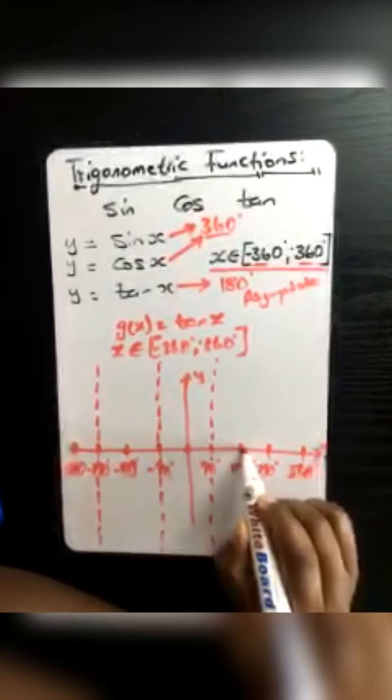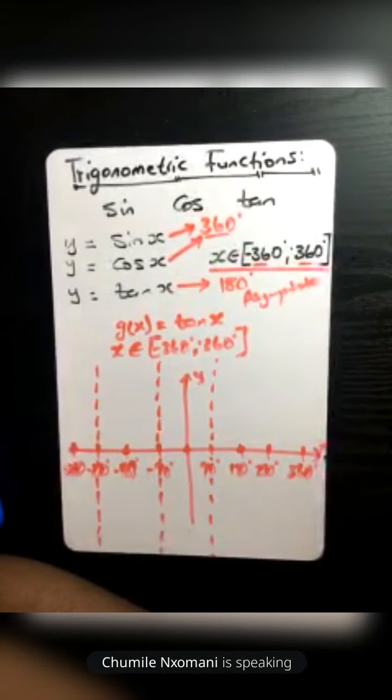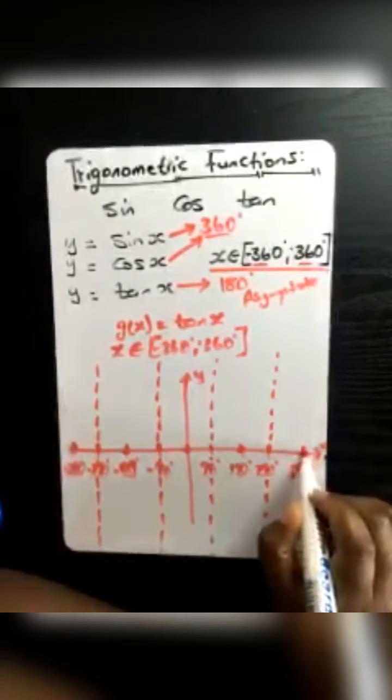Okay. We have 0 there. Tan of 270 is a math error. So we're going to do the line of asymptote. Okay. Next value. The tan of 360 is 0. Okay.